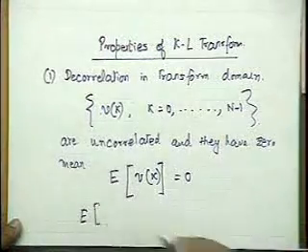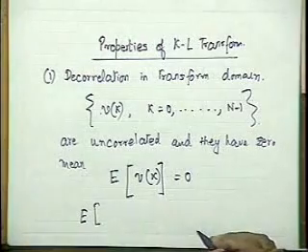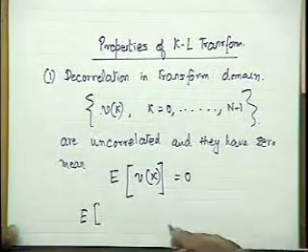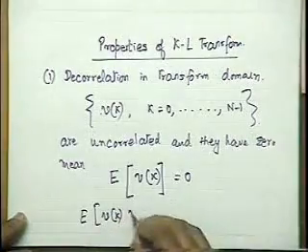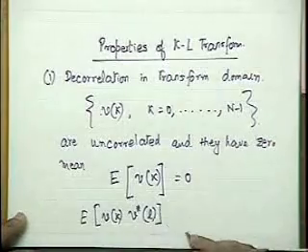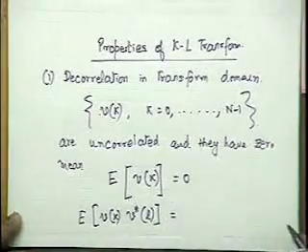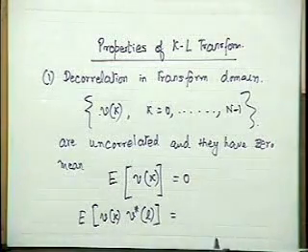And how to find the correlation? The correlation will be the expectation of Vk times V star of L, the expectation of Vk and V star of another element L. This is the correlation, and if it has to be decorrelated, what does it mean?